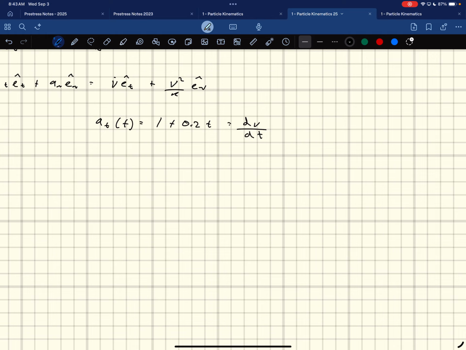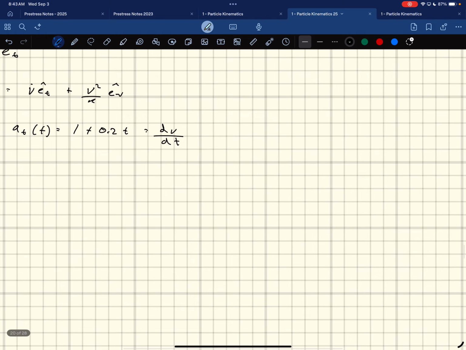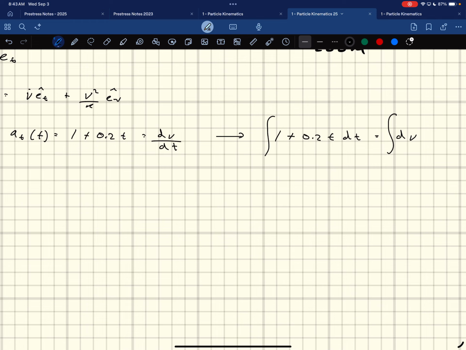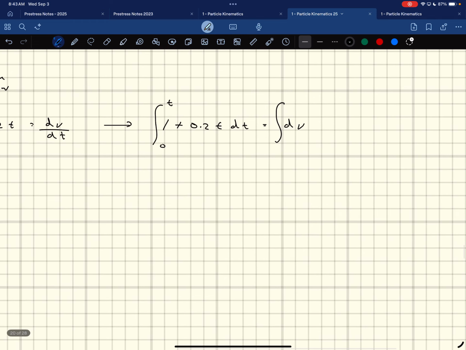I put the t's all on one side: 1 plus 0.2t dt is equal to dv. Integrate this side, integrate this side. This is going from 0 to t, and this is going from 0 to v.